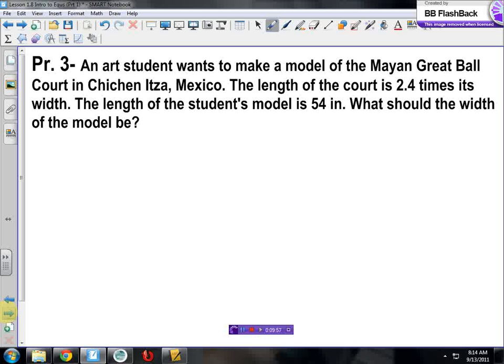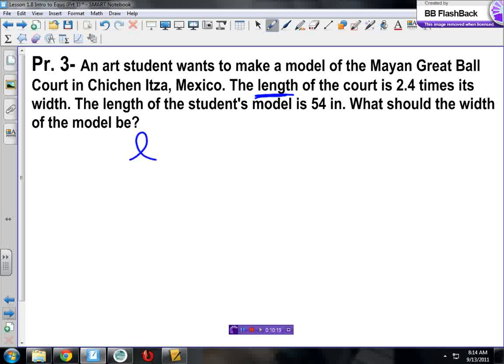There you go. The length, right? So we're talking about length. How long is the length? Do we know? So let's give it a variable. Which variable do you guys want? How about x would work, right? But I like L for length. Length is 54 inches. No, it's not. Length is 54. That's correct.